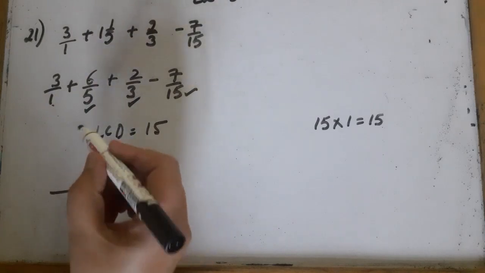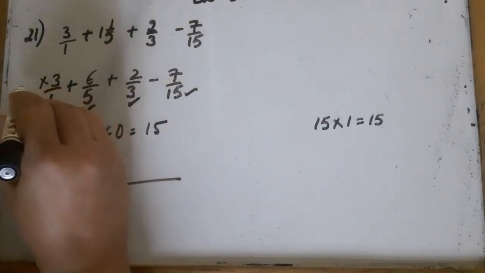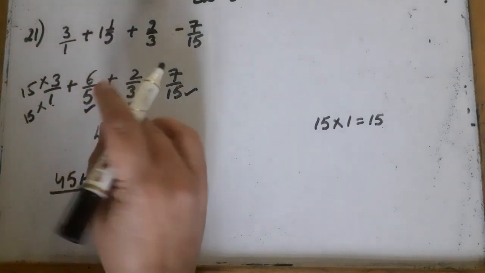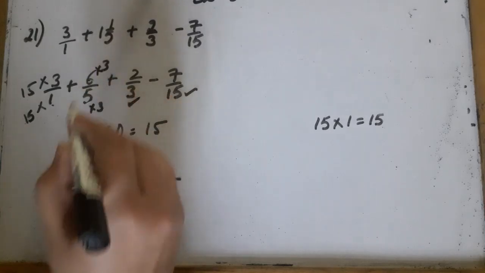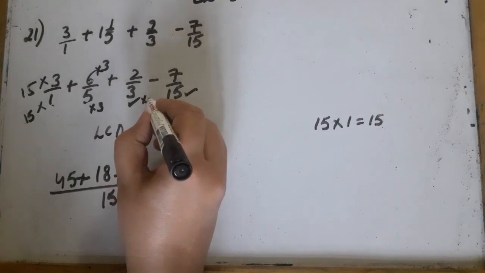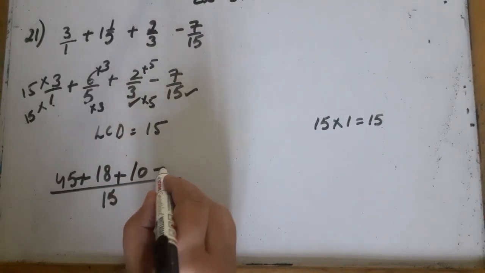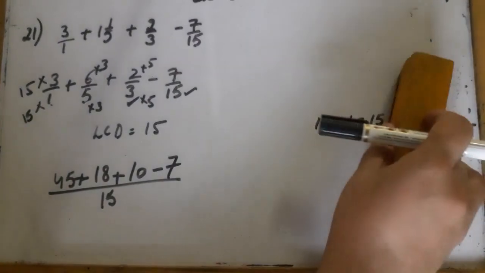Now I have to change the numerators. 1 15s are 15, so 3 15s is 45. Now 5 3s is 15, so 6 3s is 18. Now 3 5s is 15, so 2 5s is 10. And 15 ones is 15, so 7 ones are 7.